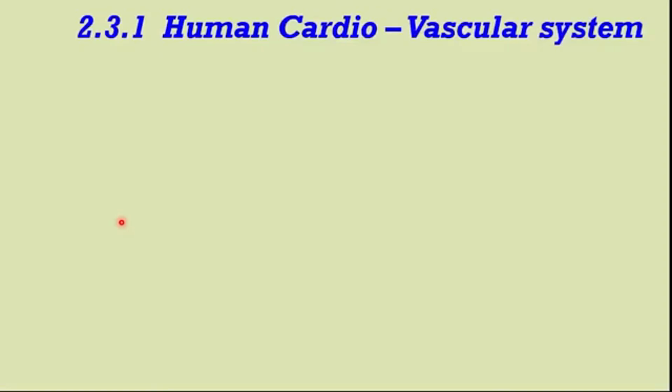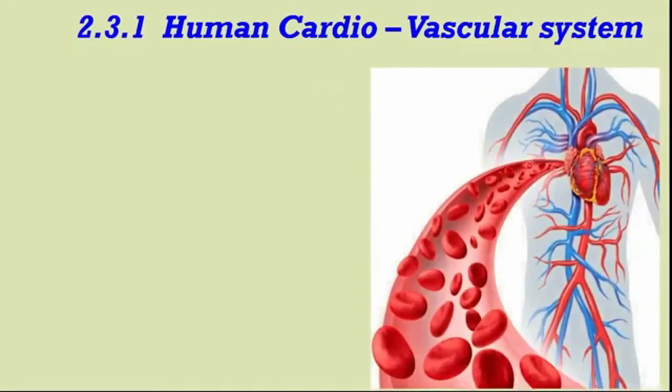We are going to start our present session with the human cardiovascular system. We know the very basic function of this system. It is simply a transport system. It carries nutrients and oxygen to different tissues of the body and removes carbon dioxide and other waste materials from the tissues.